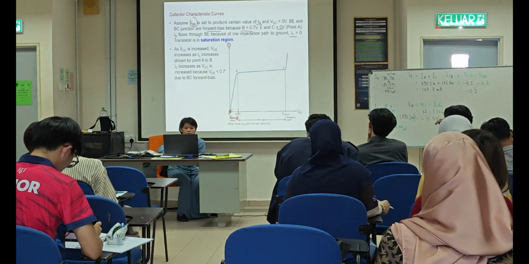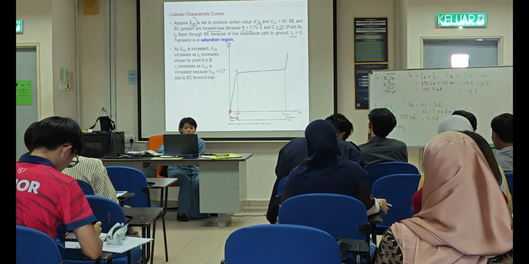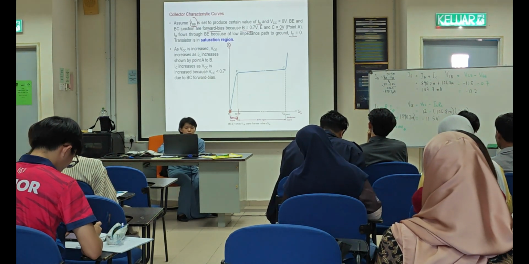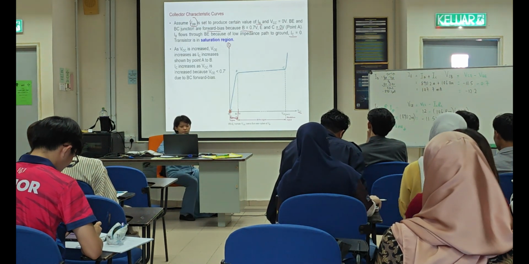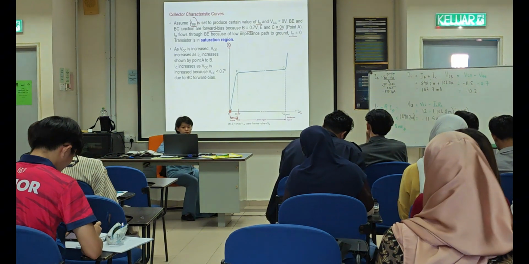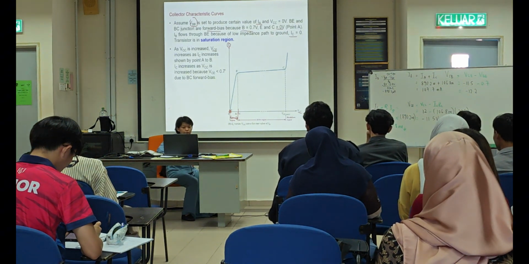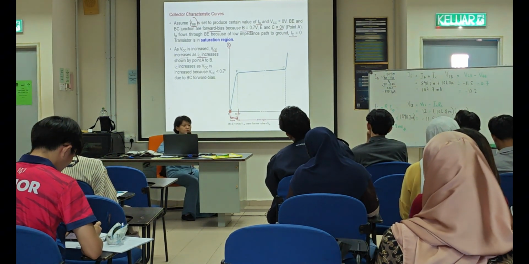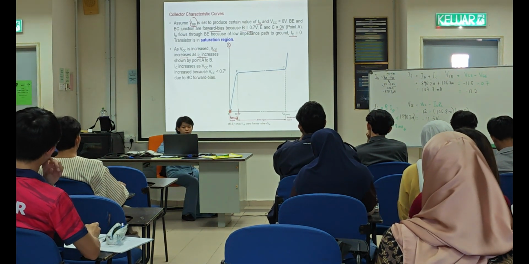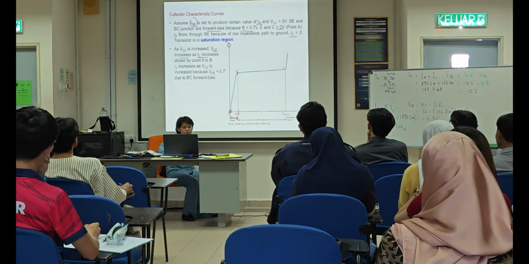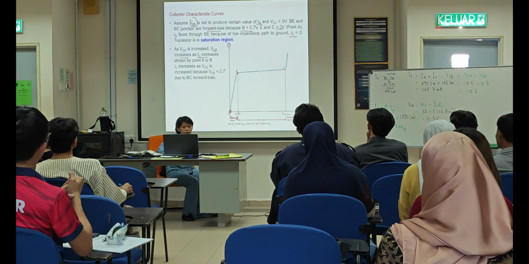Okay, now we slowly increase VCC. When we increase VCC, your VCE will increase, and your IC will increase. So it will show a point from A to B. Slowly increase until B. At one point it will be more than 0.7.